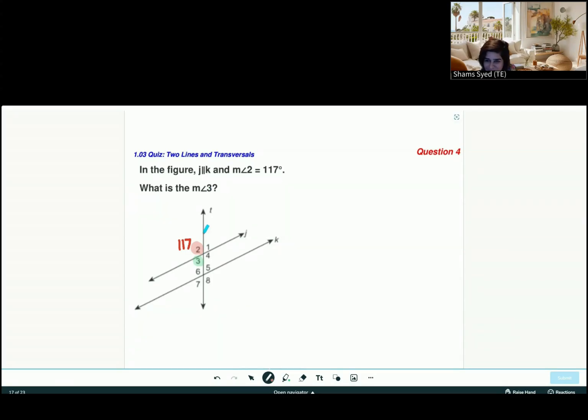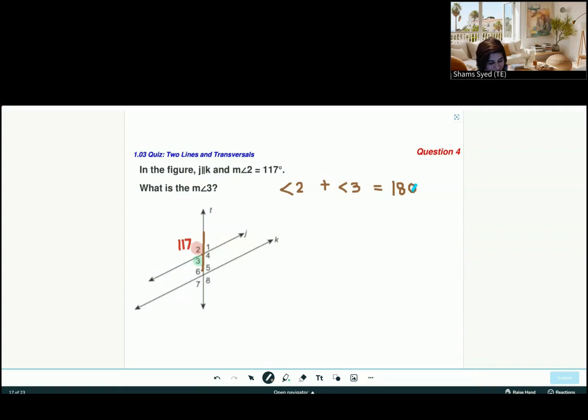This is a straight line and 2 and 3 lie on the same line and they share the vertex, right? So guess what? If you were to add angle 2 and angle 3, they add up to 180. Because they lie on the same line, they share a vertex, they add up to 180.